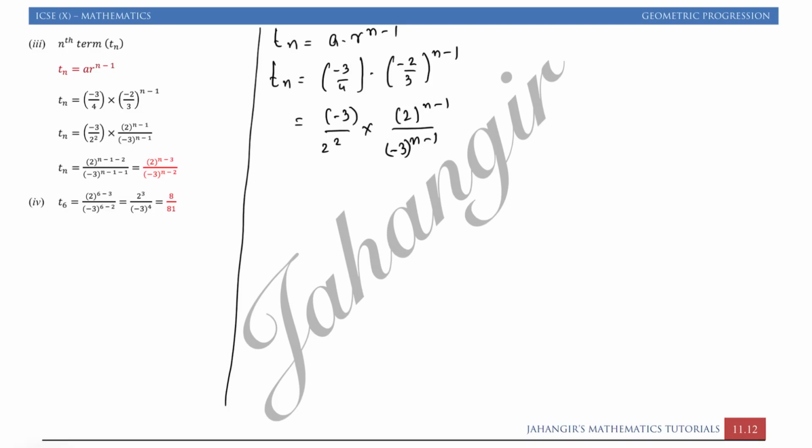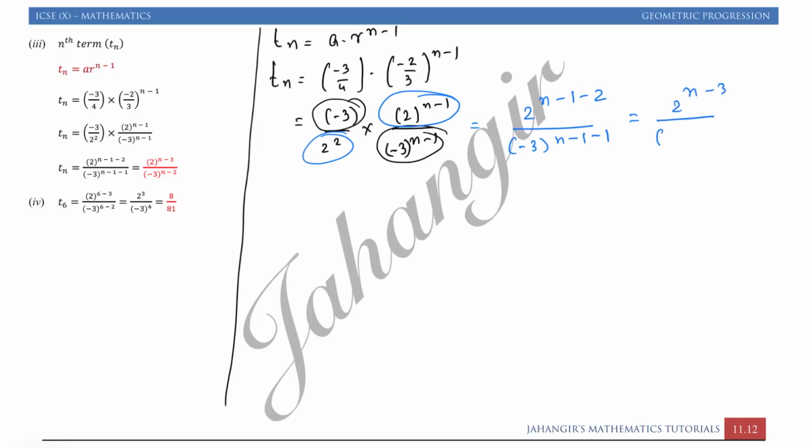So I took minus 3 together and 2 together, these two parts. I wrote 2 raised to n minus 1 minus 2, just combined it. Here I had combined minus 3, so minus 3 raised to n minus 1 minus 1. So I got 2 raised to n minus 3 upon minus 3 raised to n minus 2.